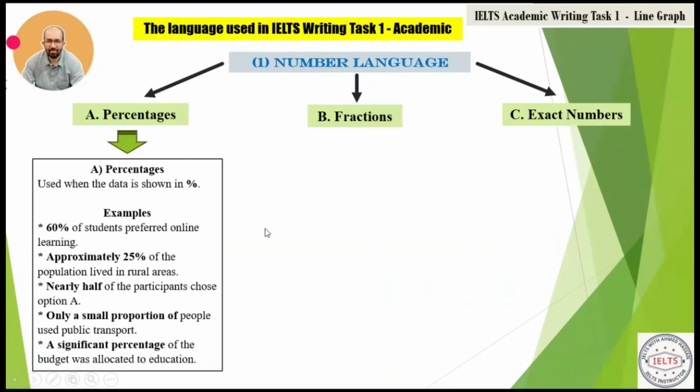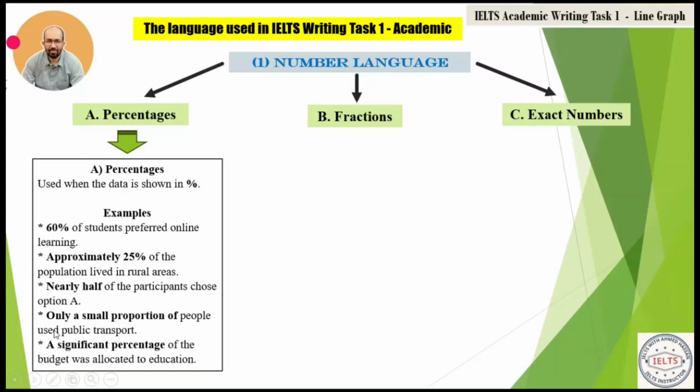Who can read? Yes, percentage is used when the data is shown. Examples. 60% of students preferred online learning. Approximately 25% of the population lived in rural areas.